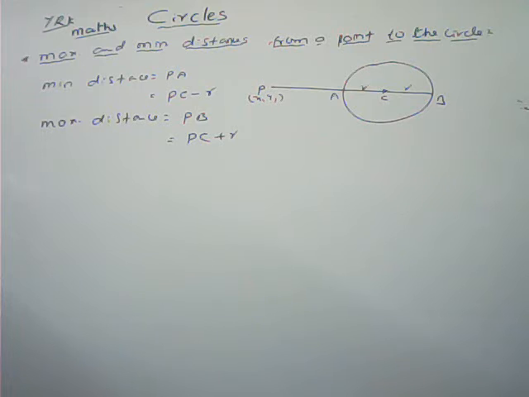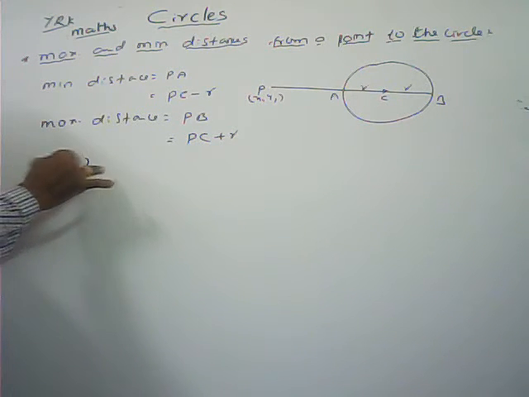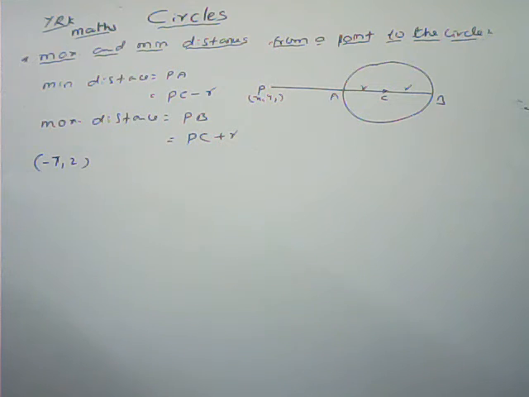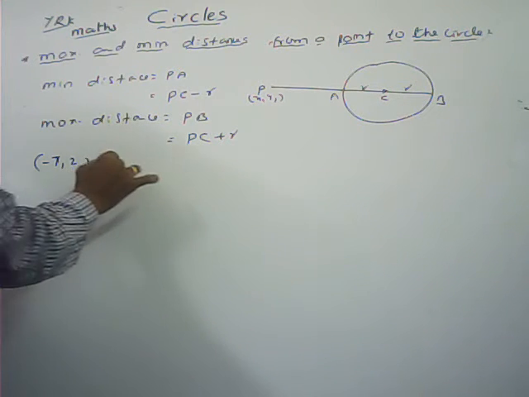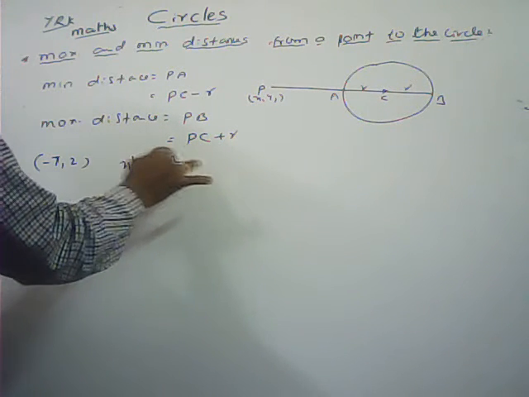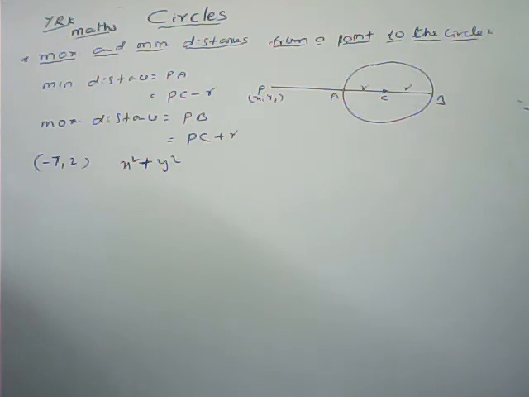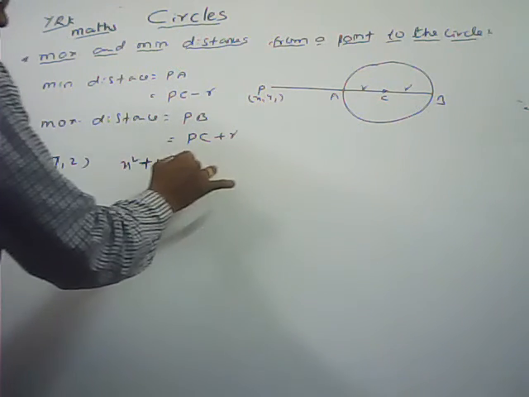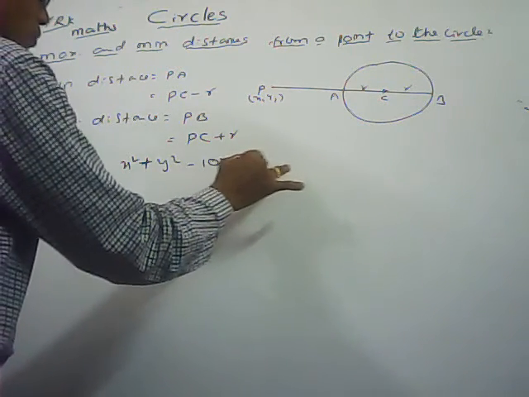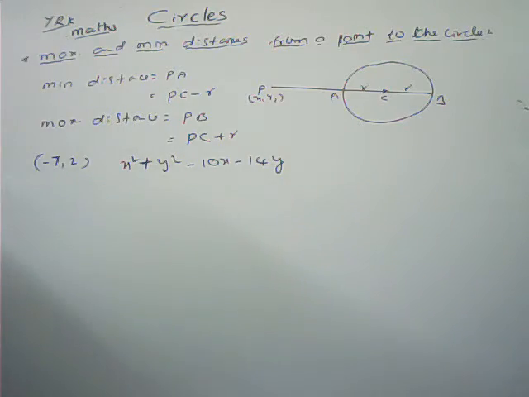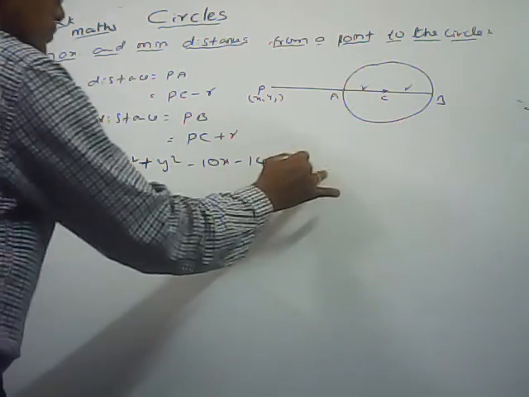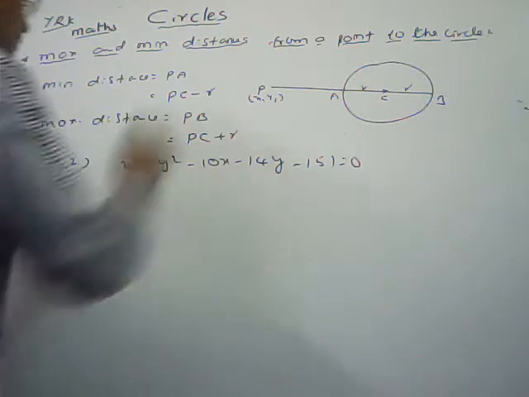Now here, the shortest distance from the point minus 7 comma 2 to the circle x square plus y square minus 10x minus 14y minus 151 equals to 0.